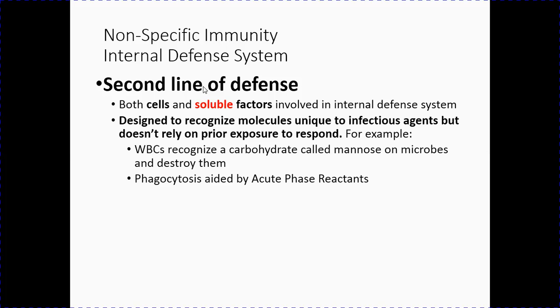PRRs for short. PRRs are receptors on phagocytic cells that help identify pathogens. And once identified as pathogenic, the phagocytic cells destroy them.